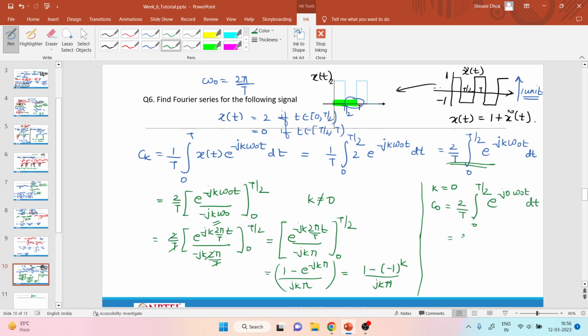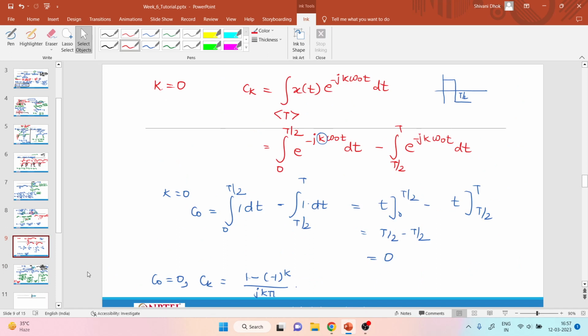So this is simply 2 by T from 0 to T by 2, which comes out to be 2 by T into T by 2, which is equal to 1. So what we have obtained is c0 is equal to 1 and ck is equal to 1 minus minus 1 to the power k upon j k pi.